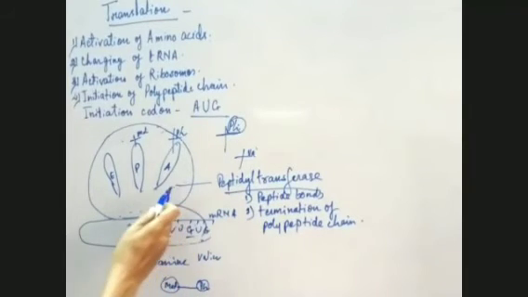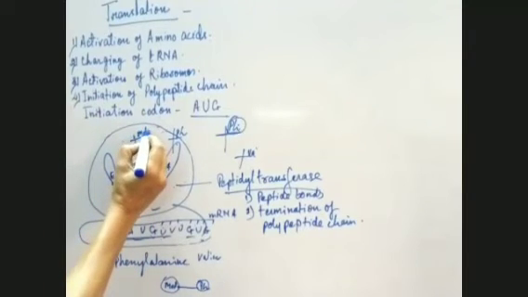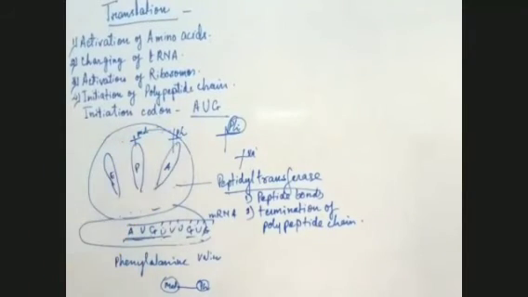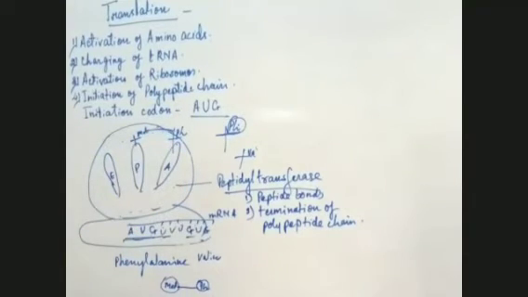With the help of this enzyme, a peptide bond is formed between these two amino acids, methionine and phenylalanine. This peptide bond has connected the methionine as well as phenylalanine. That means the amino acids have started converting into a protein molecule or polypeptide chain.